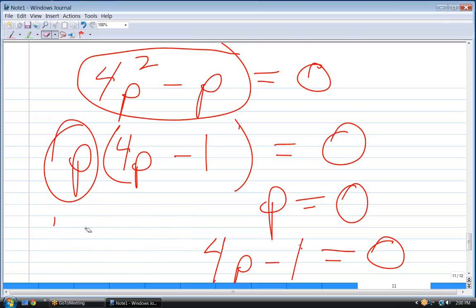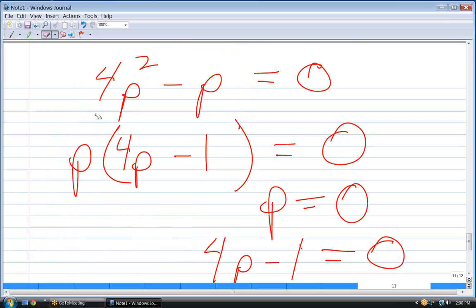The moment I start talking about quadratics, and you have quadratics whenever your variable is to the power of 2, you're going to expect two solutions, always. Now sometimes both solutions are the same, but the fact of the matter is that quadratics have 2 solutions. Guess what? Cubics have 3 solutions.